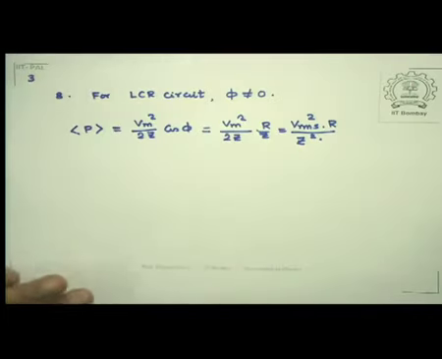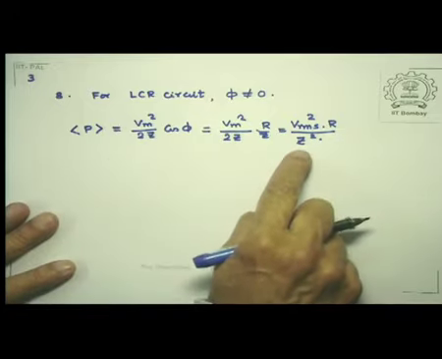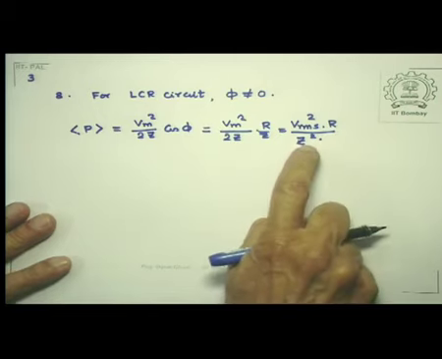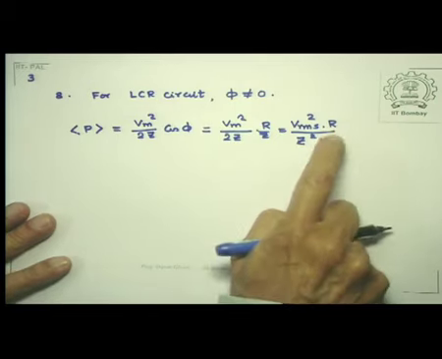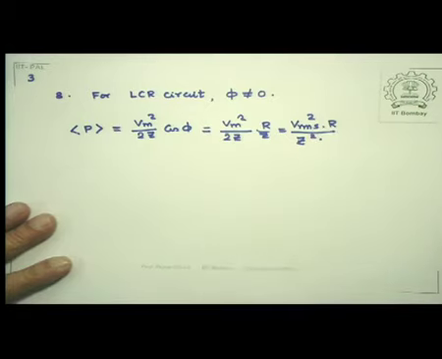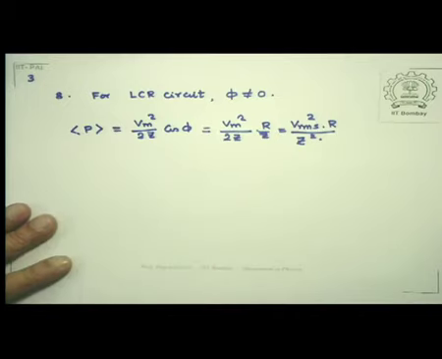Now this expression gives the expected answers for a purely resistive circuit for which Z is equal to R. So you can immediately see this is V RMS square divided by R, which is the power that I expect. For a purely capacitive or inductive circuit, R is equal to 0. So that also gives me power P equal to 0.